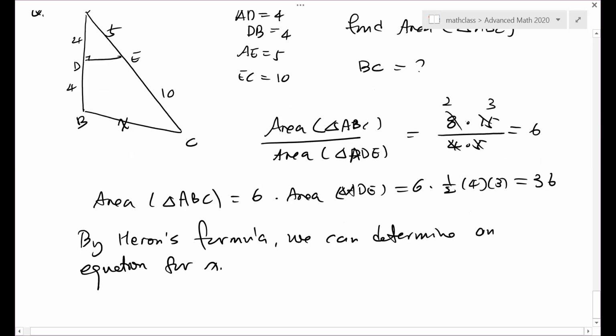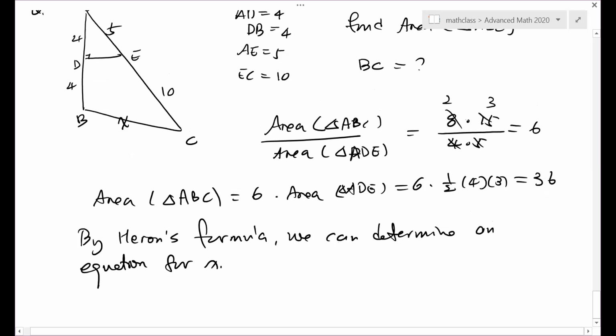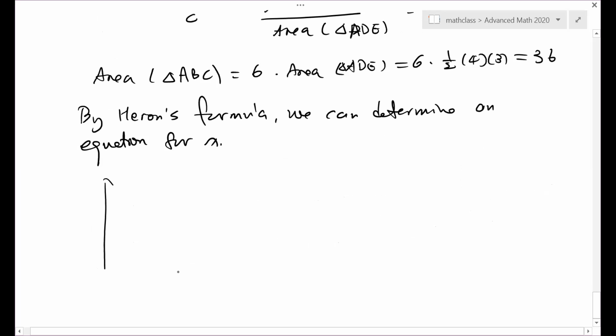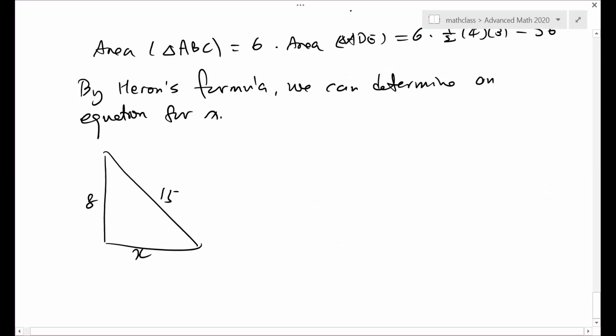So let's try. We have the triangle like that: 15, and here's 8, here's X. If you know X, you can find the area.